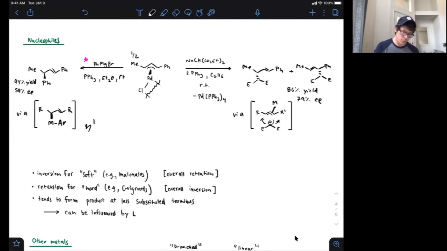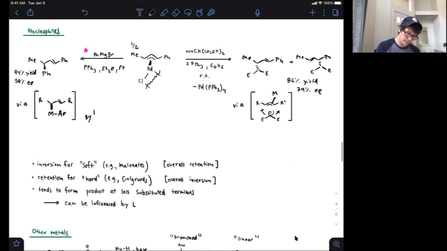So this illustrates this point that we've been touching on, that inversion takes place for soft nucleophiles in this nucleophilic attack step, retention for hard nucleophiles.